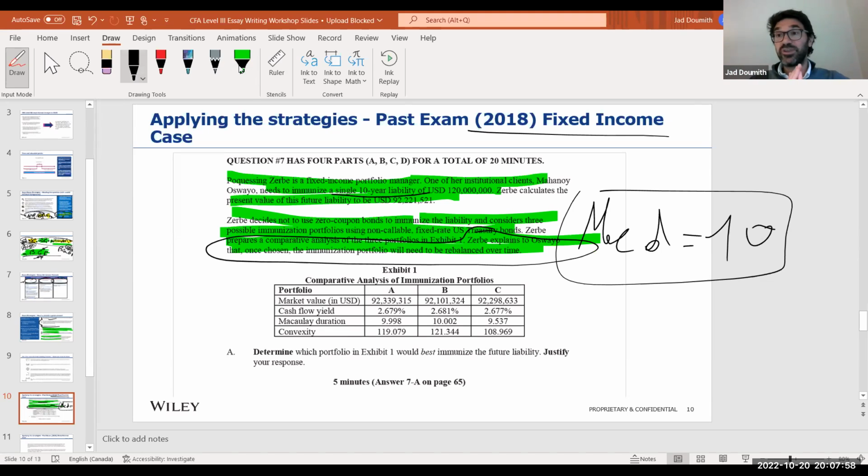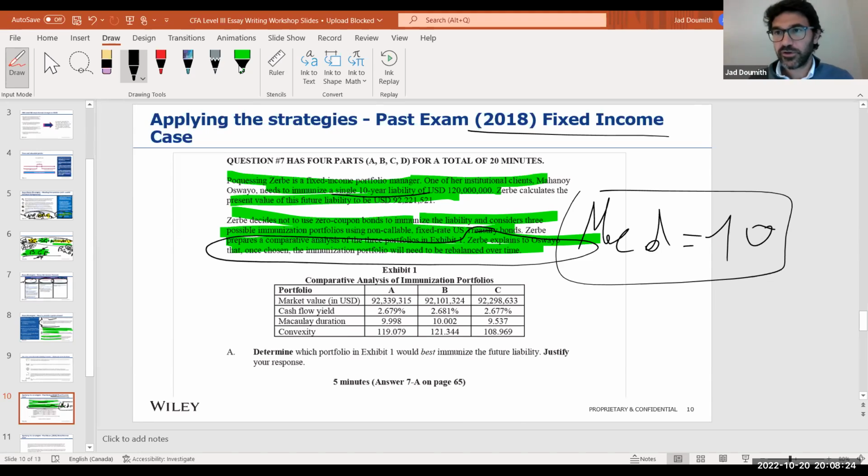First, your answer should be super direct to have the best grade possible in case the rest is correct. So the best portfolio is, for example, portfolio A. This will give you partial credit if portfolio A is correct, even if your justification is not that strong, because that's the first part of the question. Which portfolio would best immunize?